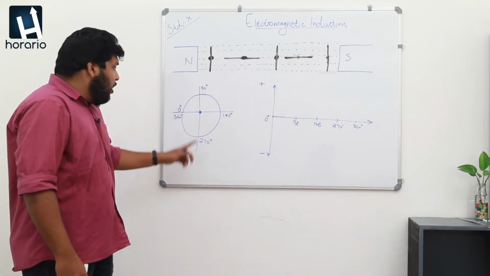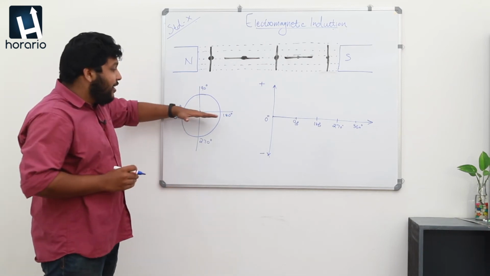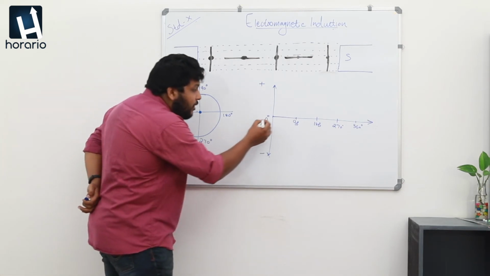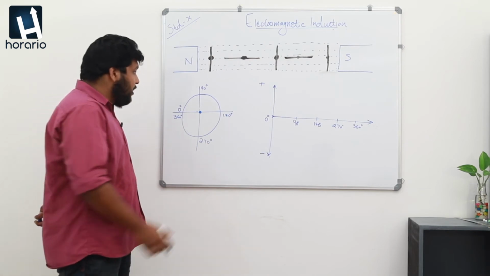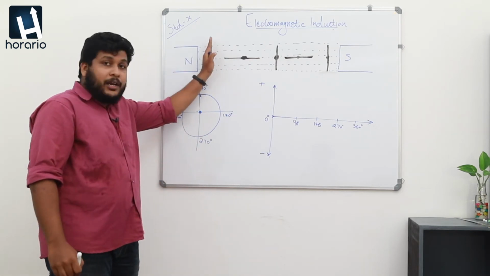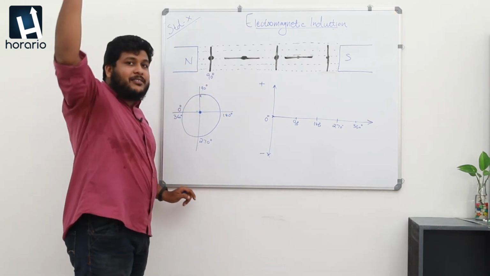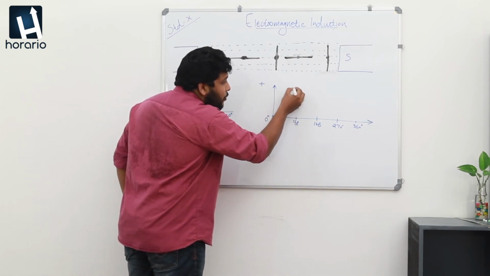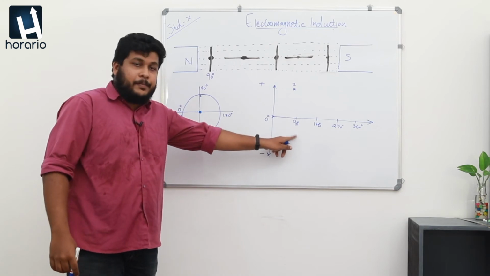At 0, the position of the armature is parallel, so the flux linkage is very minimum. So the point is here, point number 1. At point number 2, the armature is in the perpendicular direction. At 90 degree it is perpendicular and the maximum amount of current can be produced. So maximum current is at point number 2, at 90 degree.